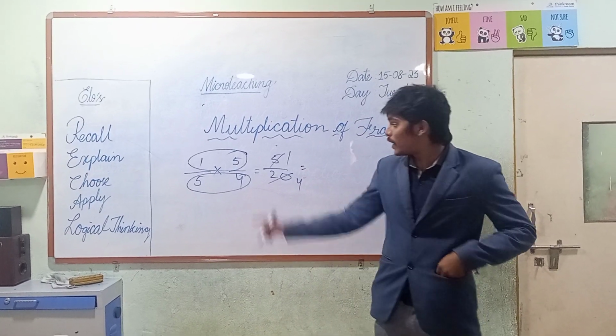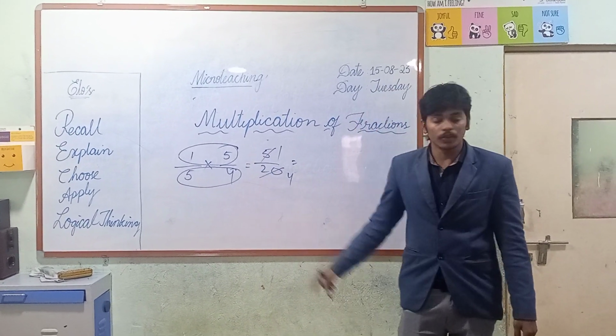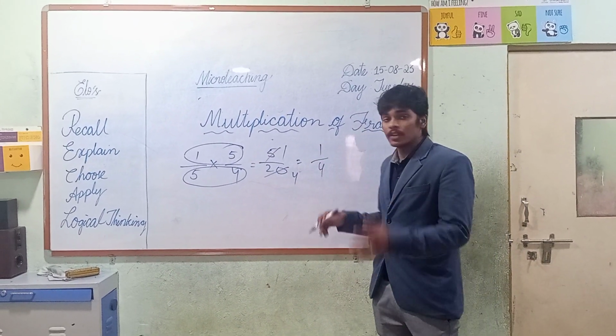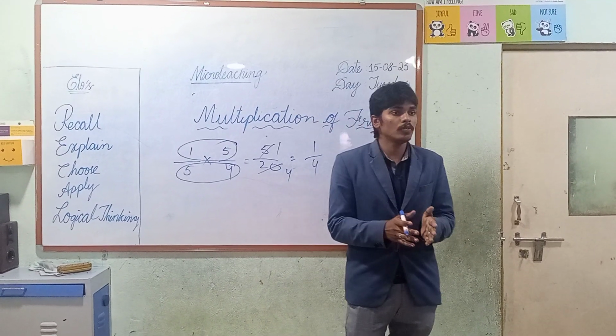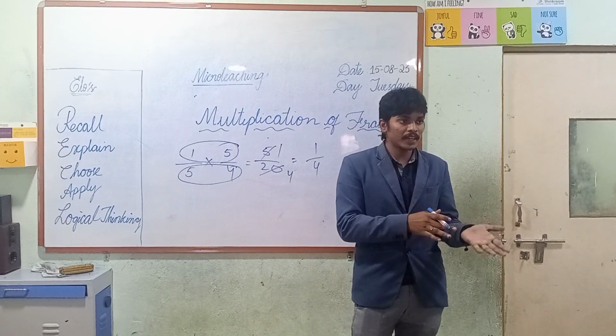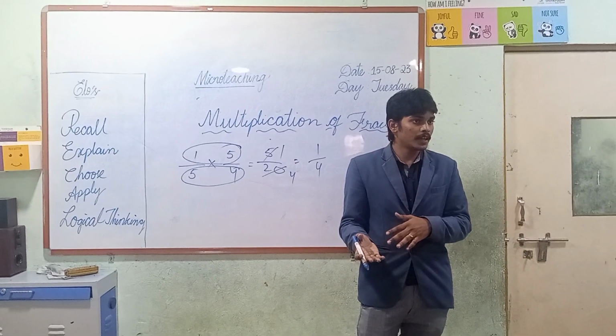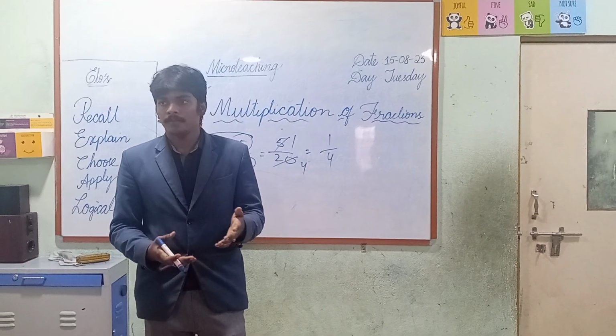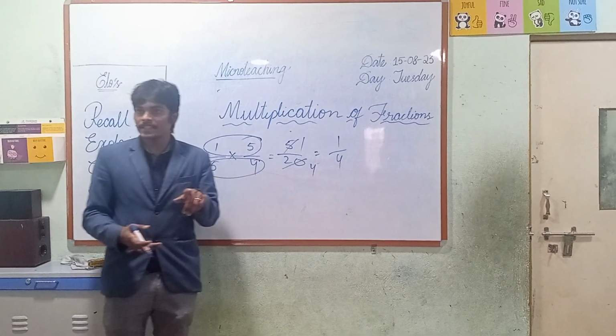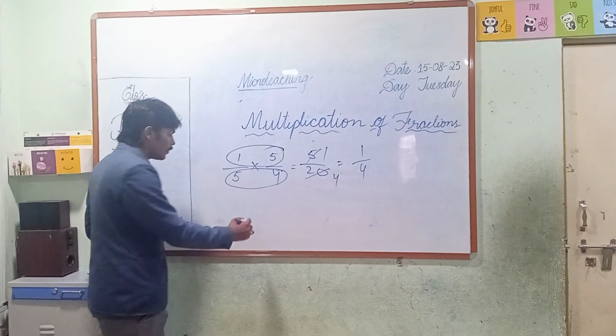How is it? 5 ones are 5, 5 fours are 20. So in multiplication of any two fractions, we multiply the numerator with numerator and denominator with denominator. You may get a doubt: if only one fraction is there and the other one is a whole number, what do we have to do?